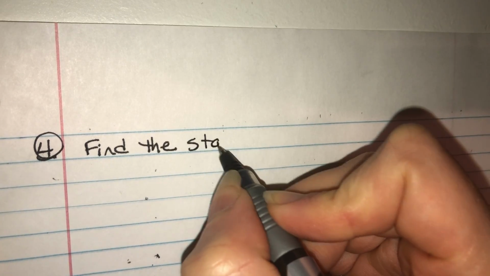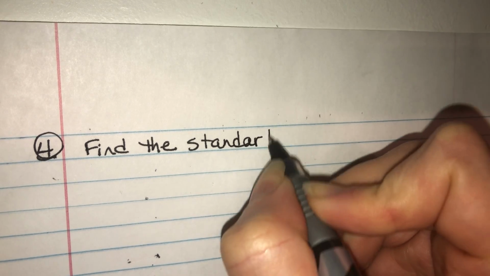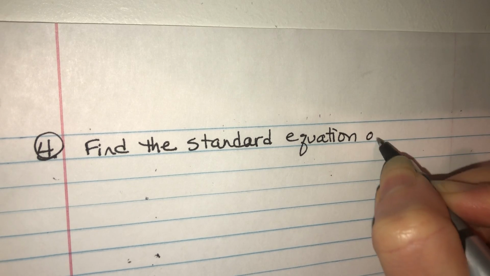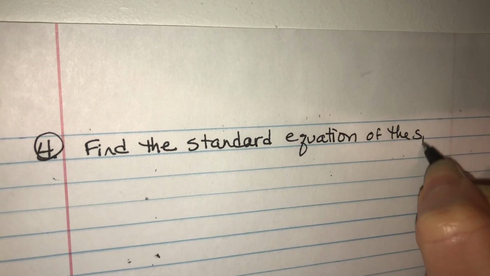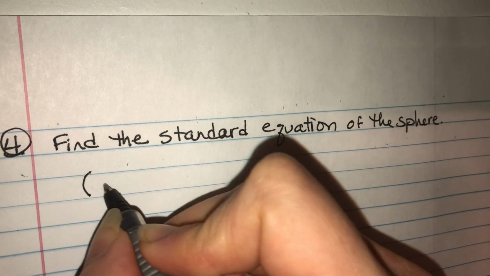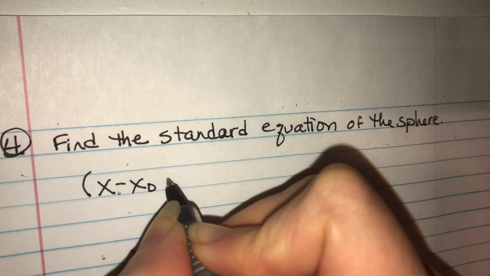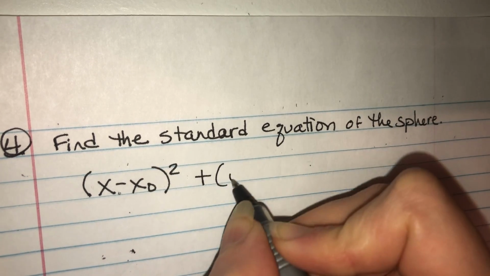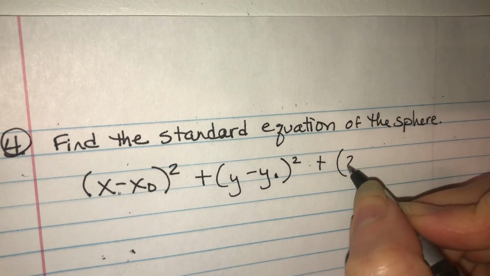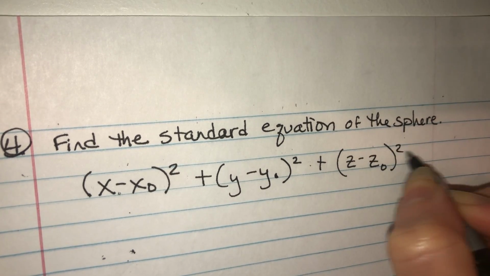Find the standard equation of the sphere. So here we go. x minus x sub 0 squared plus y minus y sub 0 squared plus z minus z sub 0 squared equals r squared.